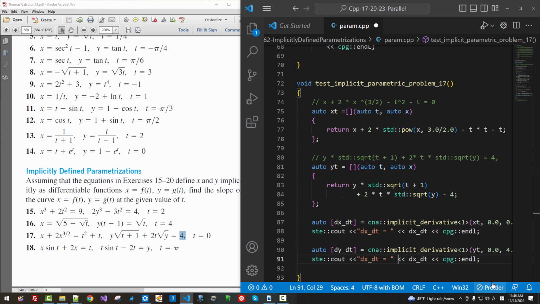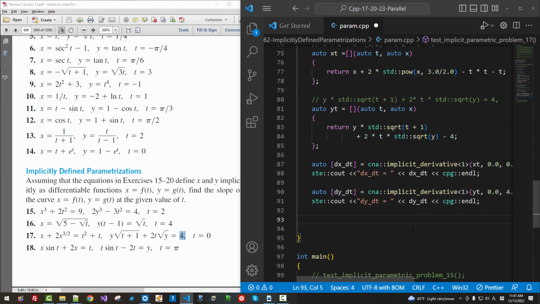This is dy over dt, dy over dt. STD, I have to fix the typo STD. C out dy dx equals, this is dy over dt over dx over dt.